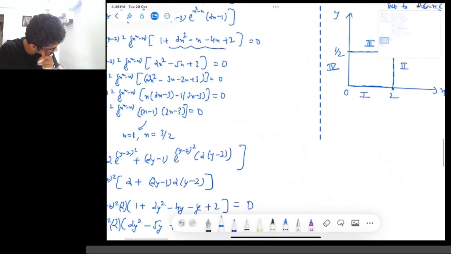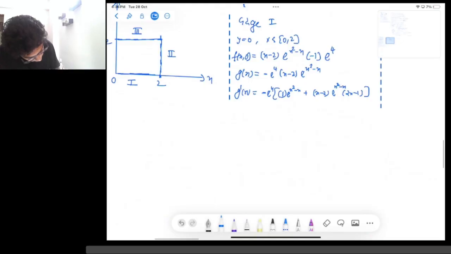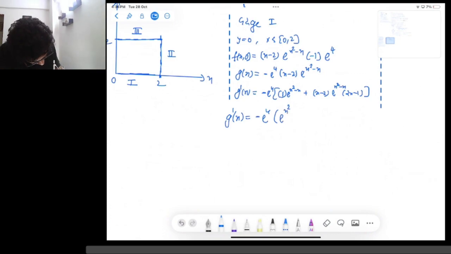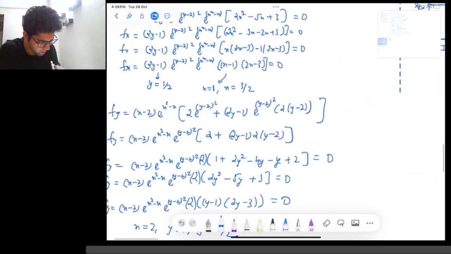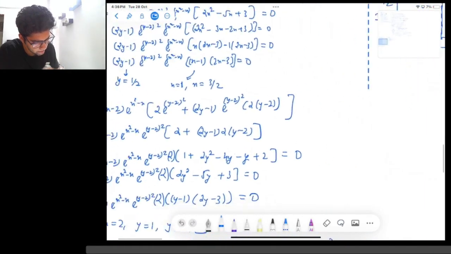So this gives me these points only. So x minus 1 into 2x minus 3.